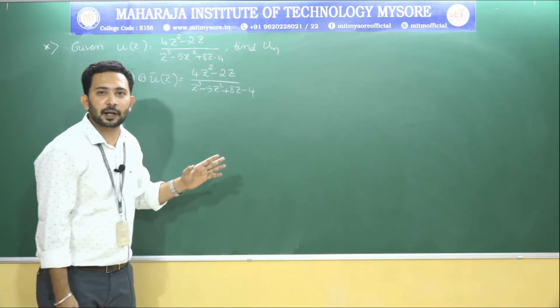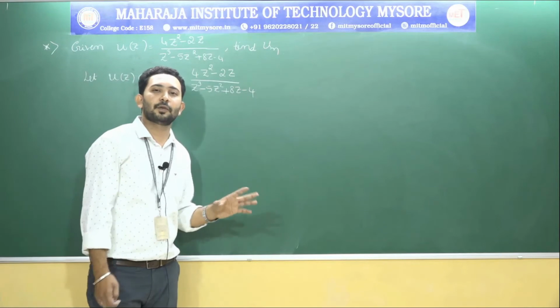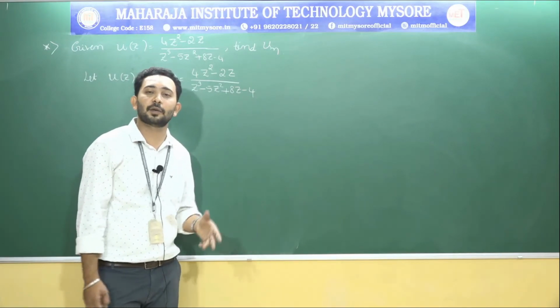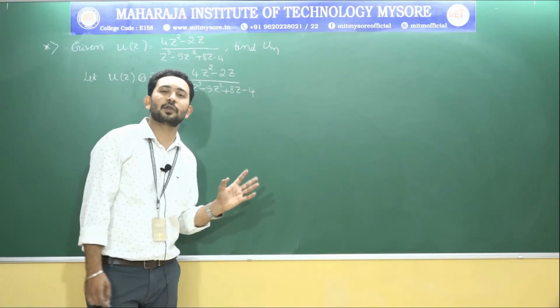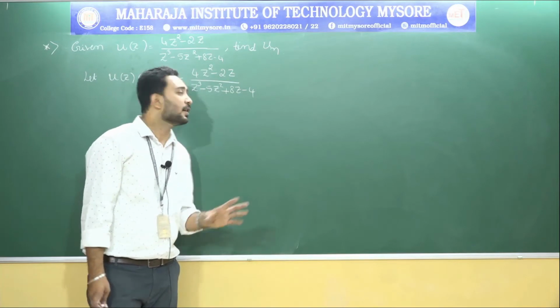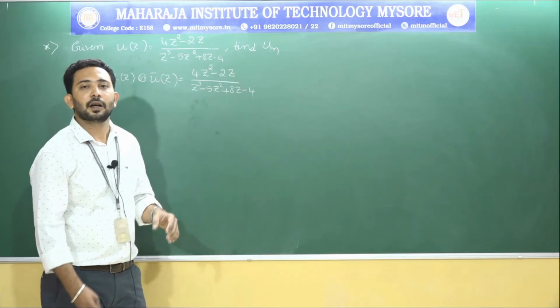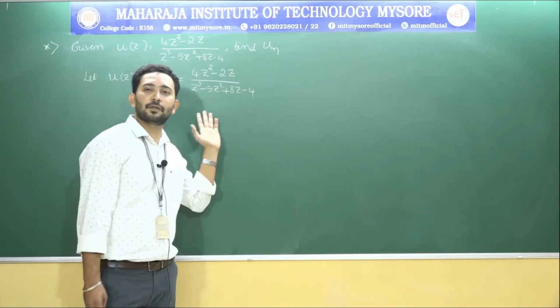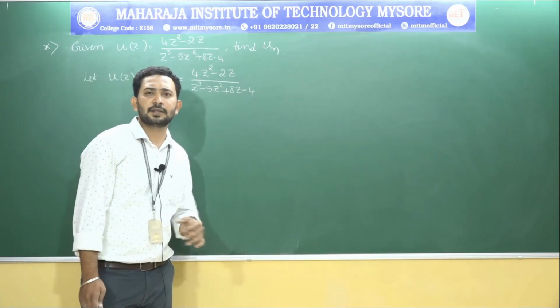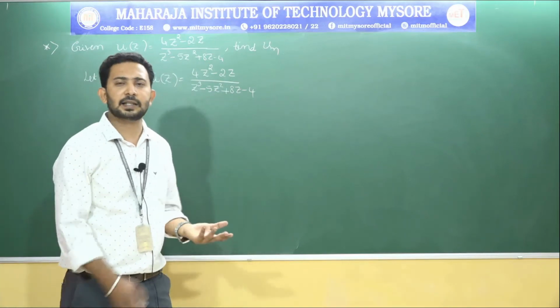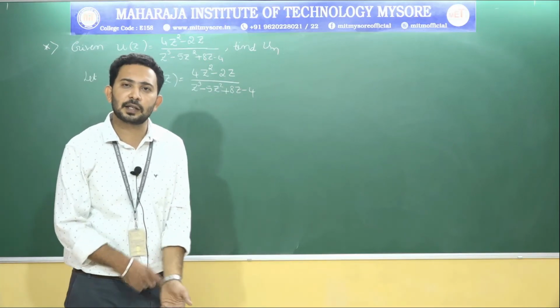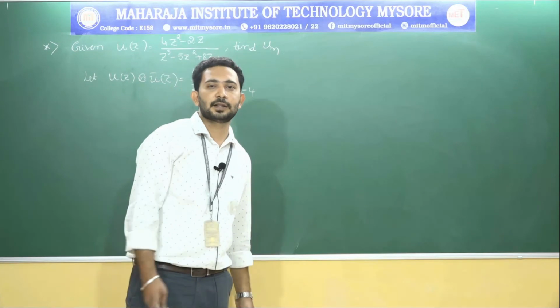In the denominator we don't have terms like z minus k or z minus k whole square like the previous one. So we need to make some simplification. We already know how to solve these things, and by factorization method we can find the roots, or as we did in the last semester, by using calci also we can find some results.